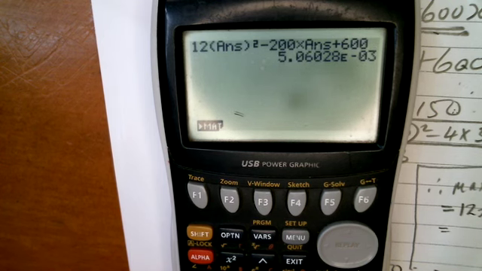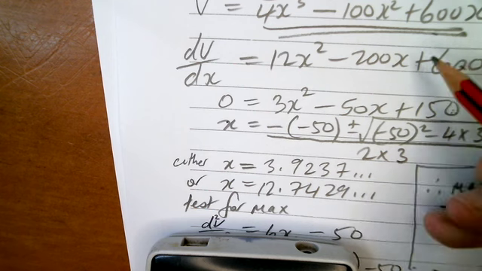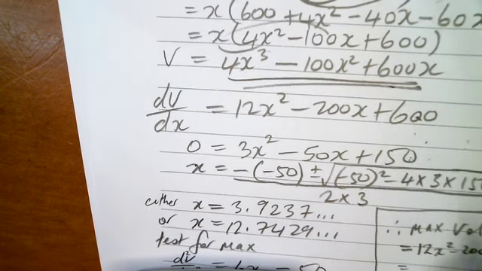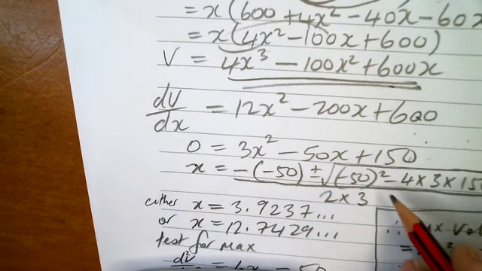And that comes to, that's wrong. What have we done? Oh no, that's the differential. No, we're using, it's 4 times cubed. Oh, what am I doing? I use this.